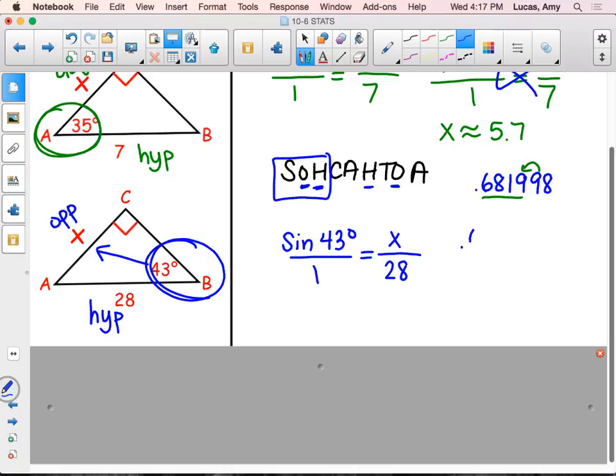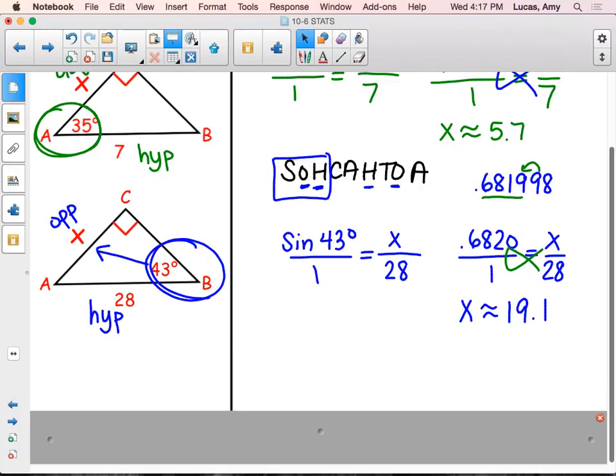So I need 0.6820. And then I can cross multiply and divide. So 0.6820 times 28 divided by 1. x is about 19.1.